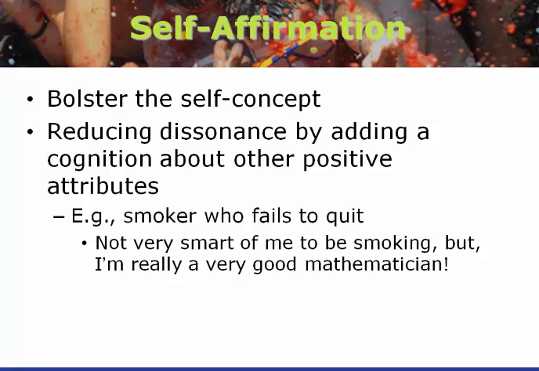I'm a really good mathematician or whatever it is, right? And so we say, well, I can't be perfect, right? Everybody makes mistakes. This is like saying if you are cheating on your spouse, that's the behavior that's not lining up with your belief that you're a good person, then you add the justification, well, I know I really shouldn't be doing that, but I am a really good spouse in other ways, right? I provide for them in other ways, right?